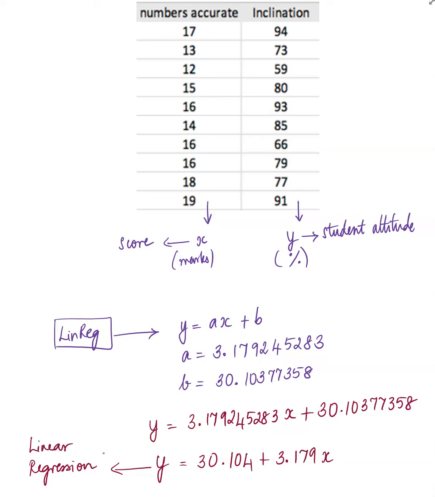So we used a couple of examples to come up with a way to use the calculator to find the A and the B, which in this case A is your slope, right? And your B is your Y-intercept. Together we put them together to form the linear regression equation. We got the equation to be y equals 30.104 plus 3.179x.